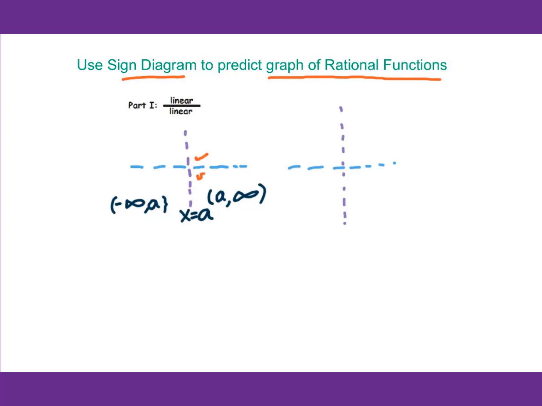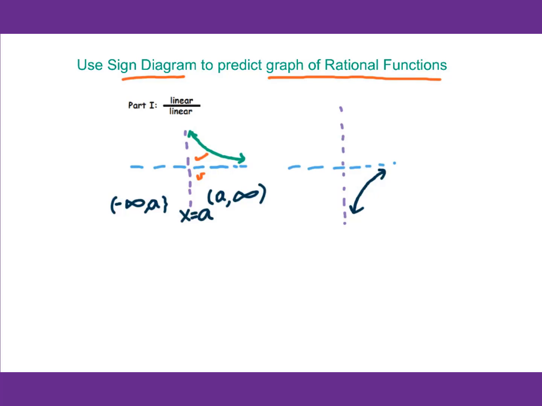If your graph is above this horizontal asymptote line, you will sketch the graph like this, very close to these two asymptote lines but never touching. If your graph is below this horizontal asymptote line, the graph will be like this.